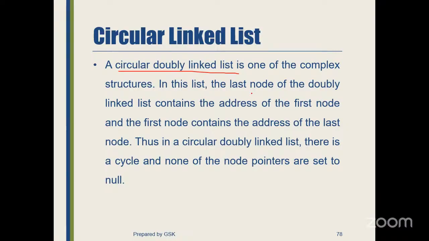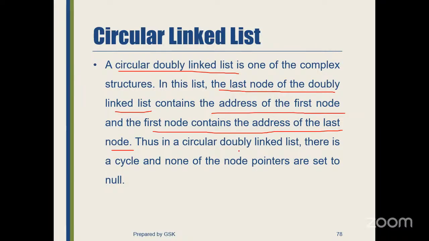In this circular linked list, the last node of the doubly linked list contains the address of the first node. This is an extension, or another variation, of the doubly linked list. Point one. Next, the first node contains the address of the last node.